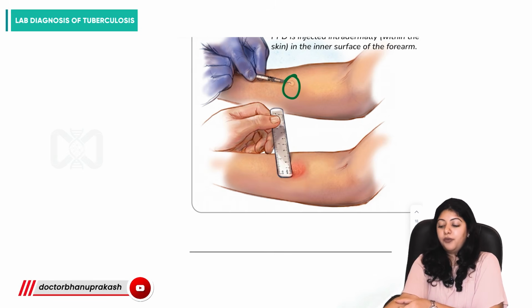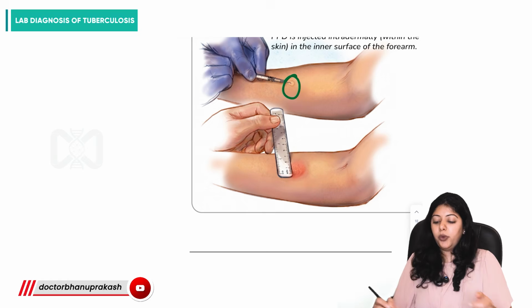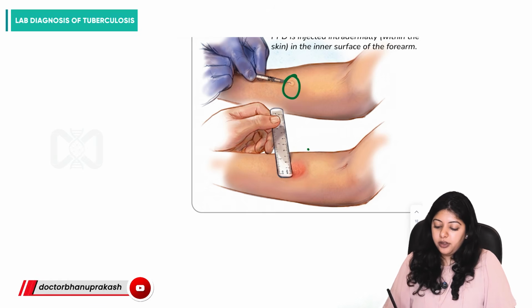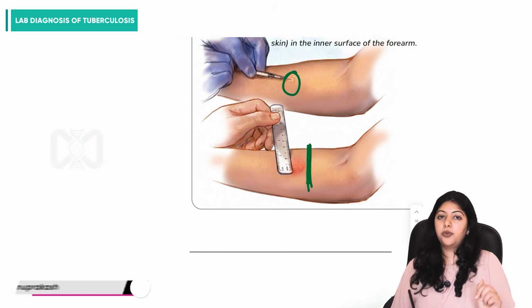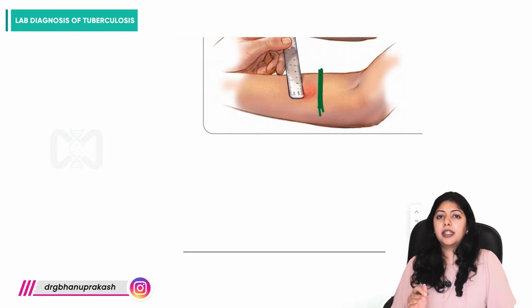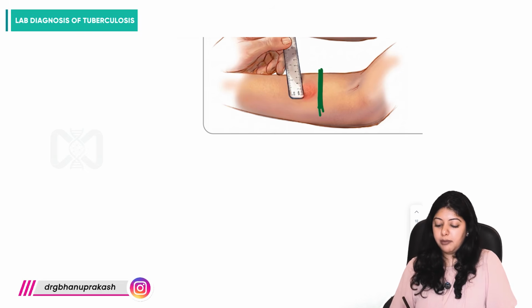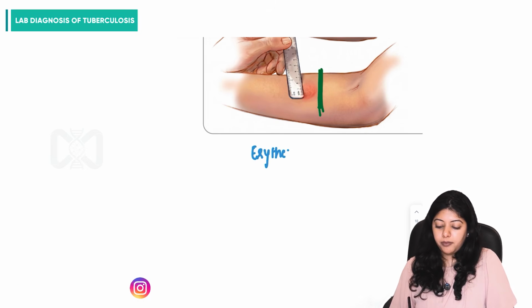If we get induration in our forearm, we put the scale horizontally and measure it. We are not going to measure it vertically. And what exactly are we measuring? Are we measuring the erythema as well, or induration?